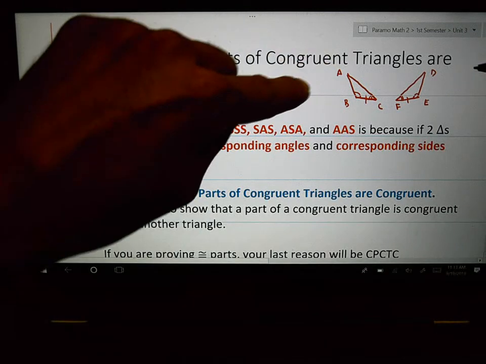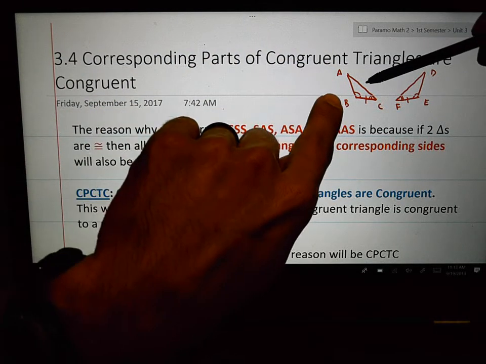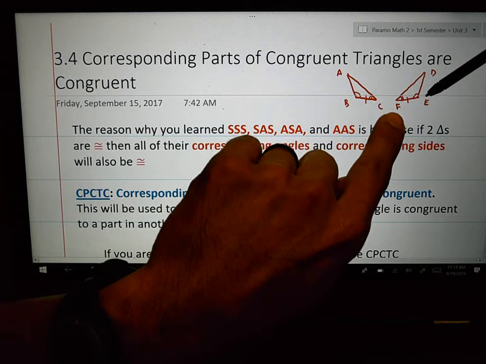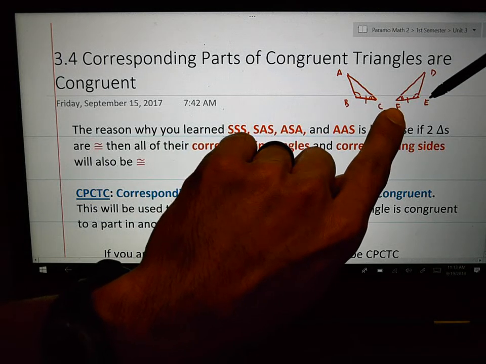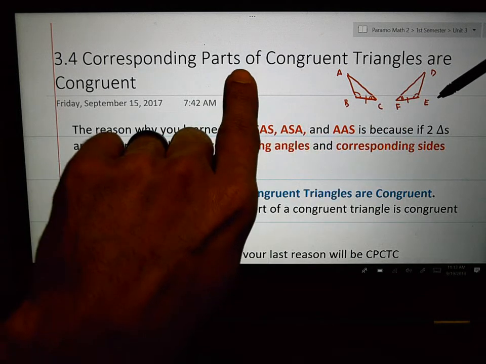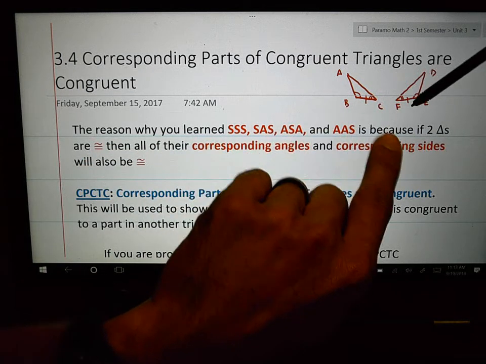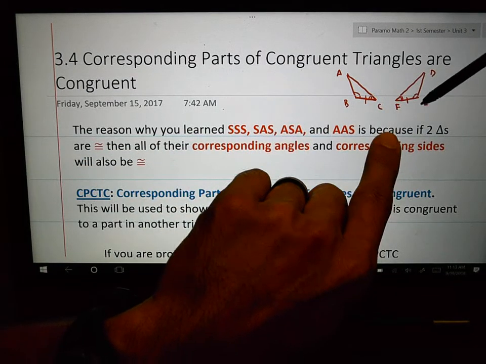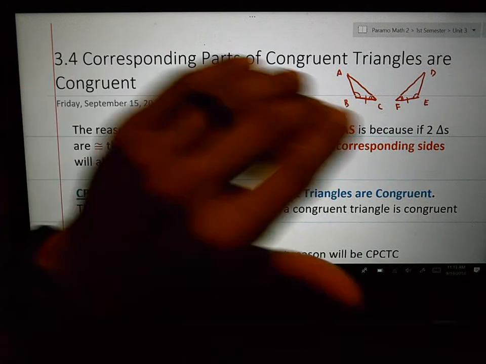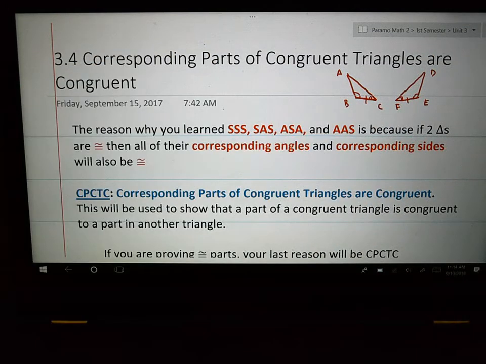In section 2, we learned that we could prove this is the same as that. In section 4, what we're going to say is, if I know that the two triangles are congruent, then all their parts and all their angles are congruent.